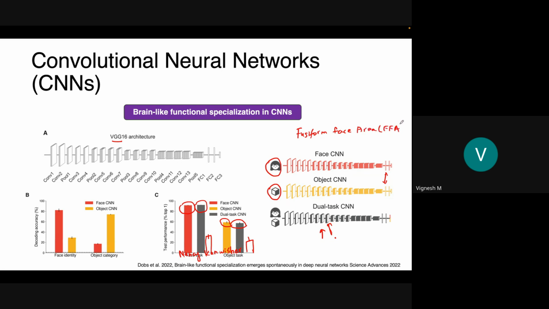So their motivation was to establish that there is an area that is very specific for face processing in the brain, and then they used CNNs to show that this might arise with such an architecture. You don't need any specialized architecture or separate specialization for faces. It just so happens that if you give faces and objects together, it will just segregate in this network. So that was the point.